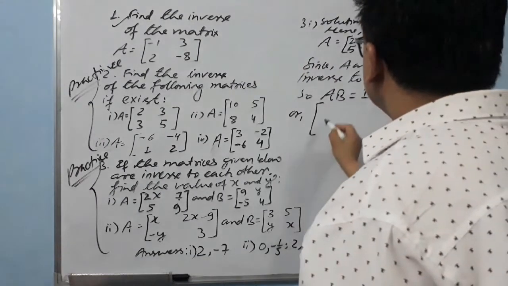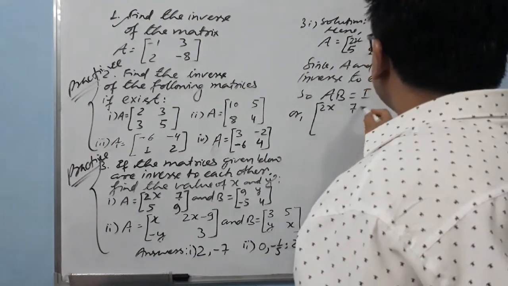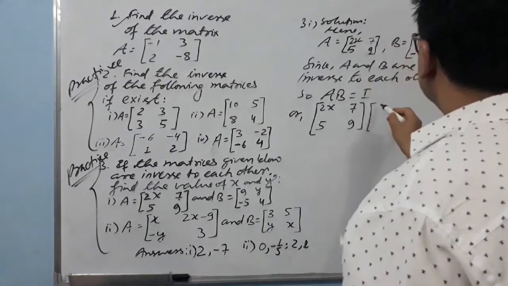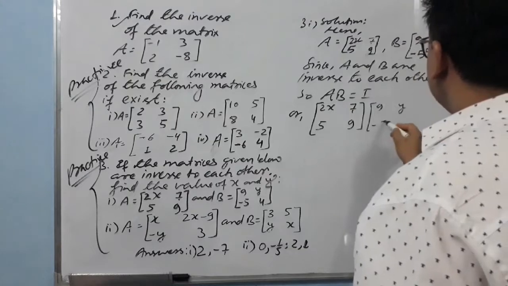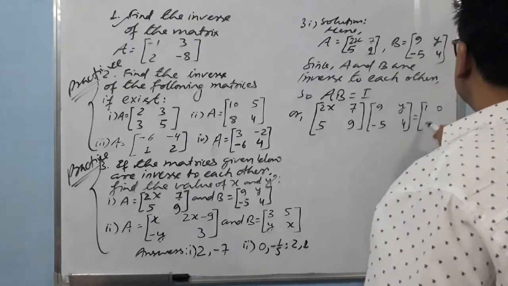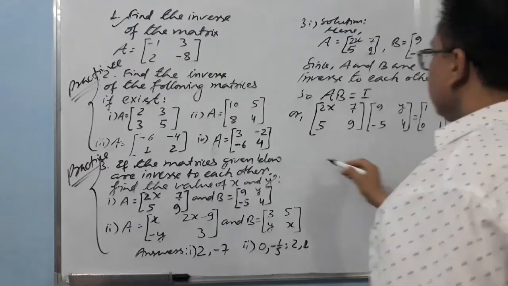Here you may write 2x, 7, 5, 9, and 9, y minus 5, 4 is equal to 1, 0, 0, 1.